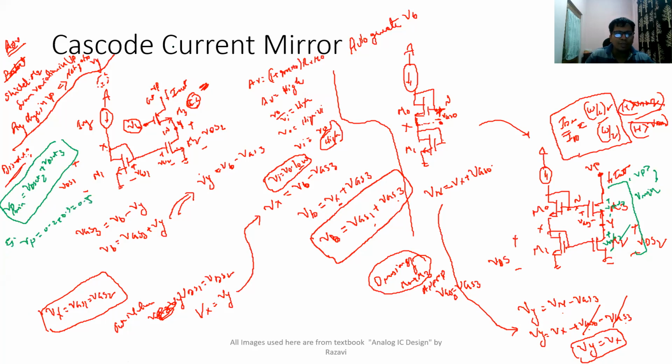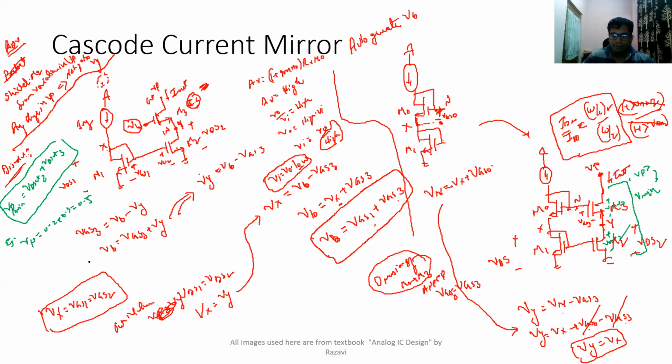The swing at this point cannot go below 0.5. That means you will not be able to go to 0 volts. That is the problem. It eats away some voltage from the 0 to 3.3 range you are having. From that, you have to leave 0.5 for these transistors to work, and the remaining you can use. That was the cascode current mirror.